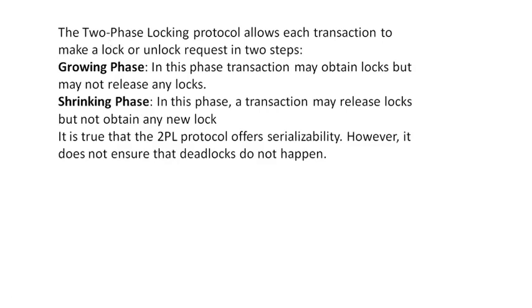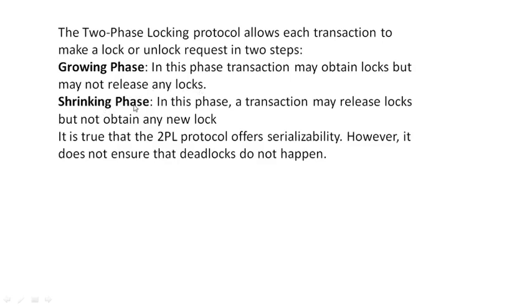So a transaction makes lock or unlock requests in two steps, that is, a two-phase locking protocol can be in either of the steps, that is growing phase and shrinking phase. The growing phase is nothing but it will acquire locks. It will not release any locks in this phase. The first phase is the growing phase and the second one is the shrinking phase. In the growing phase there will be obtaining of locks, but it will not release the already acquired locks.